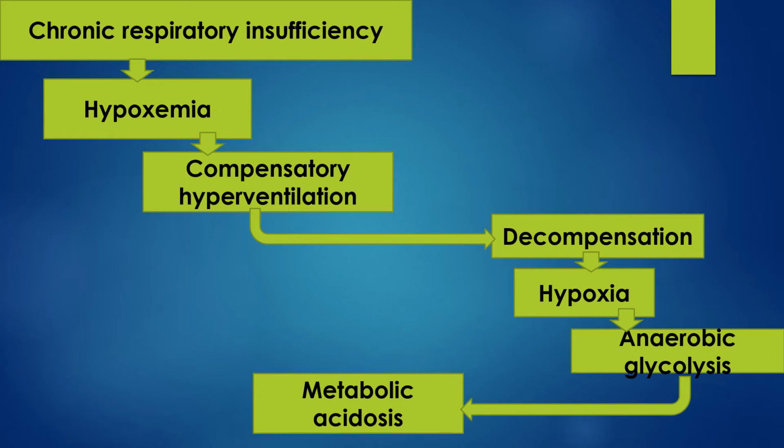Also here, the stroke volume of heart increases, erythropoiesis and hemoglobin synthesis are accelerated. Gradually, these mechanisms are depleted, and compensatory hyperventilation of the lungs cannot prevent hypoxemia, and hypoxia occurs. Anaerobic metabolism is enhanced, which leads to metabolic acidosis.